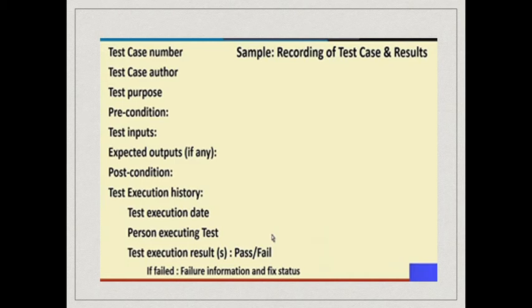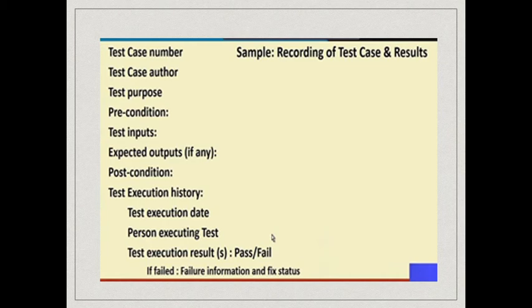Once the test output is produced, the tester observes the output and then writes their analysis of the observed output. They write the test execution date and the person executing the test. They record pass or fail, whether it has passed the test case or failed it. If failed, they write what exactly happened and what was observed during the failure.